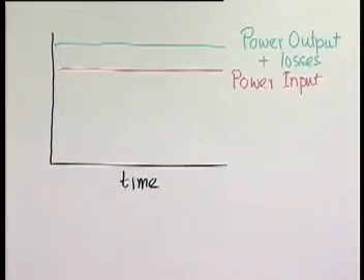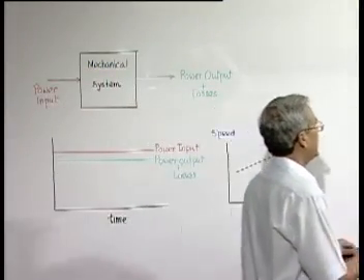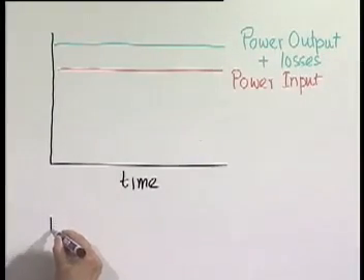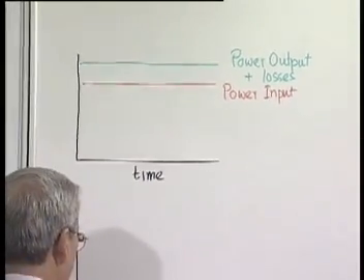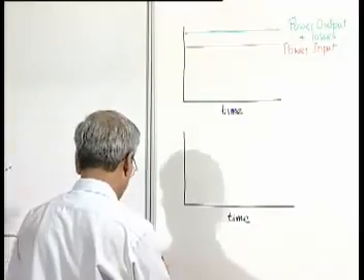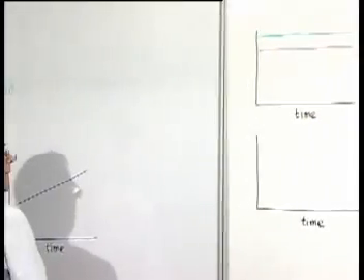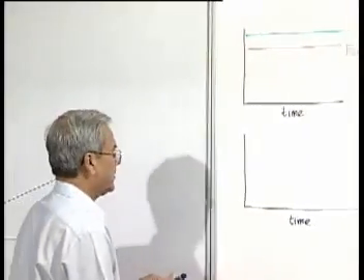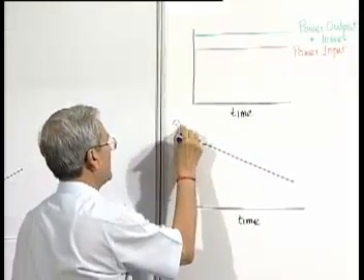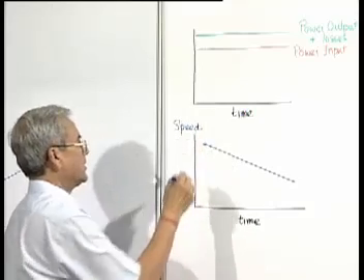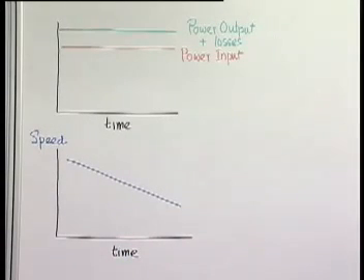And as a result, we can easily understand that in this case with time, the speed of operation of the machine will slowly decrease.